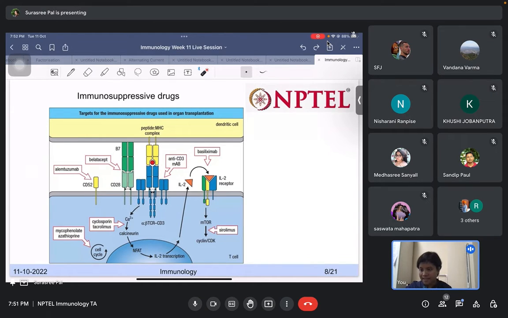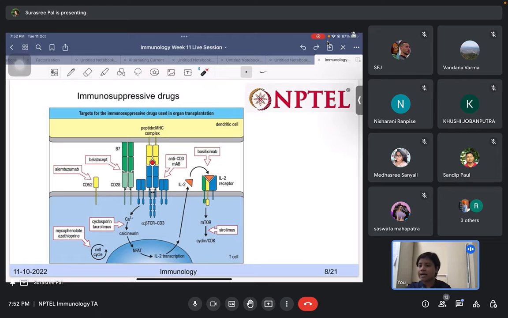Next, basiliximab binds to the high affinity IL-2 receptor and does not allow the T cells to undergo IL-2 signaling, right? Another is sirolimus, which interferes with the mTOR cascade, and therefore the T cells cannot differentiate, right? And the last one here is azathioprine, which inhibits the replication and proliferation of the activated T cells. So it stops the cell cycle, right?